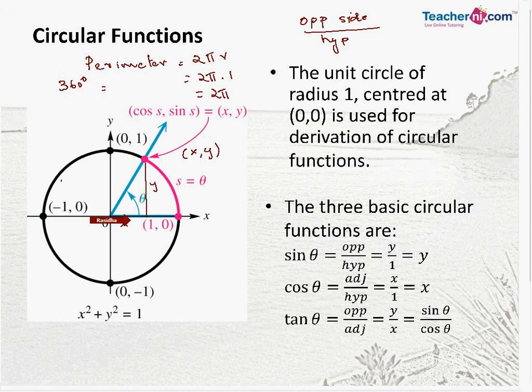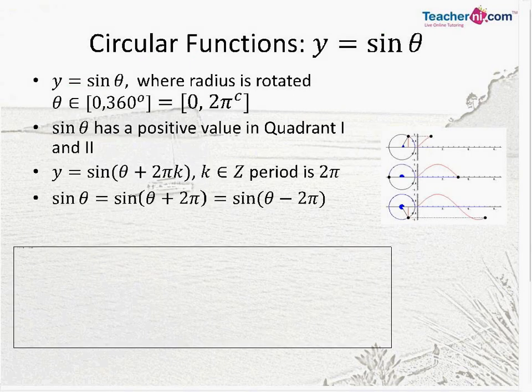When this line segment is rotated through a full circle, we get it as 2 pi. How much angle does it cover? 360 degrees. So corresponding to 360 degrees, you have 2 pi radians.